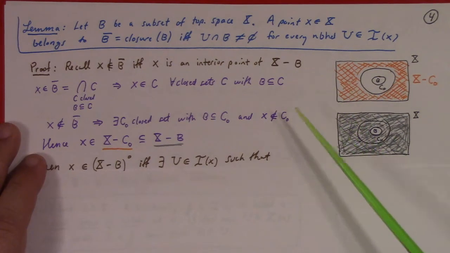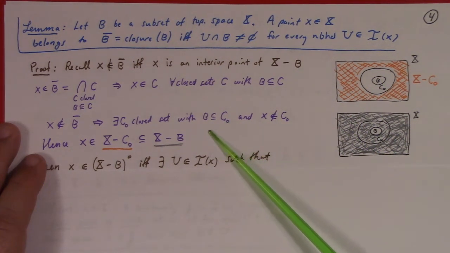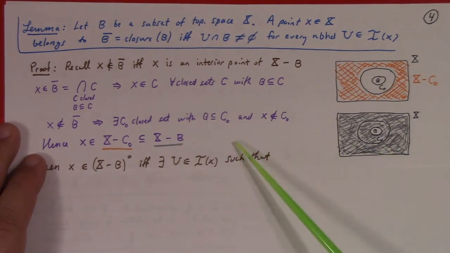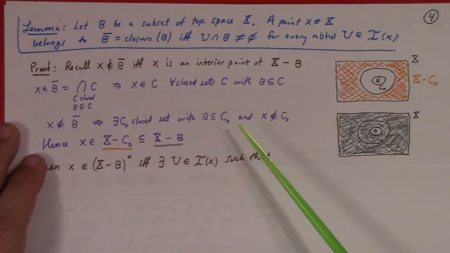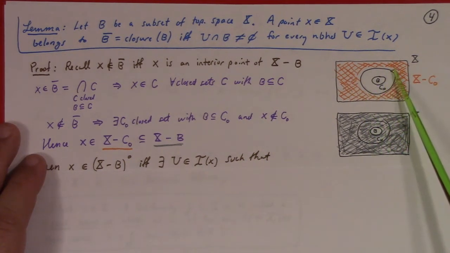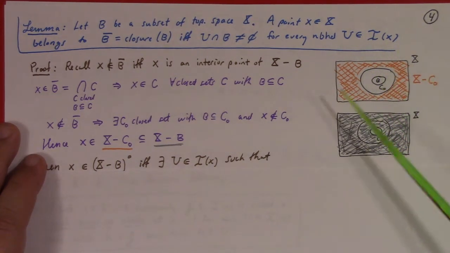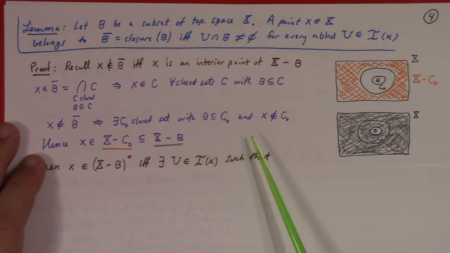Here I have B is a subset of C naught. So the complement of B, since B is smaller, its complement is bigger. And since C naught is possibly bigger, its complement is possibly smaller, because everything that's not in C naught is in its complement. That's why it's inclusion reversing.